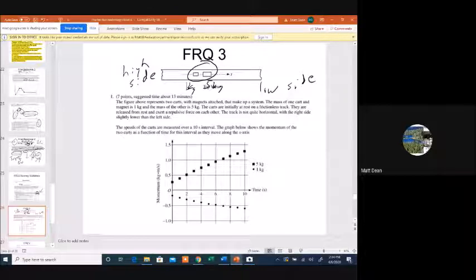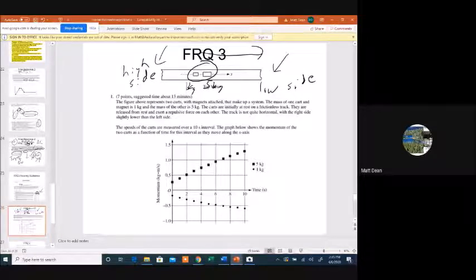The track, though, is not quite horizontal. The right side is lower than the left side. So if we think of the system as the two carts, in this case, there's going to be a net external force, and it's the force that's pushing the carts this way. So we'll come back to that in a second. But let's look at the graph.